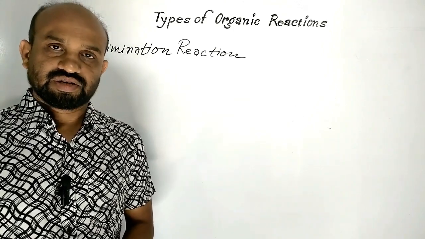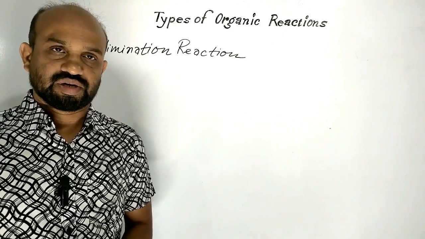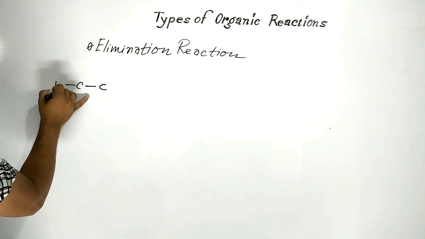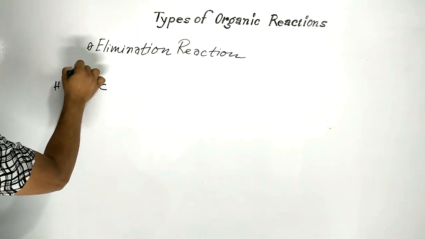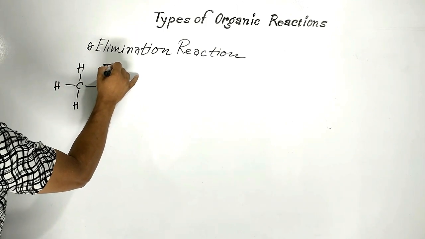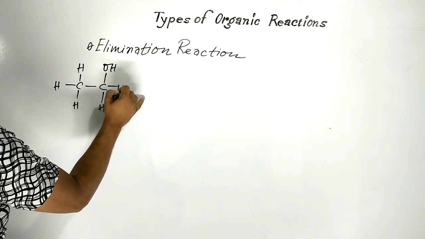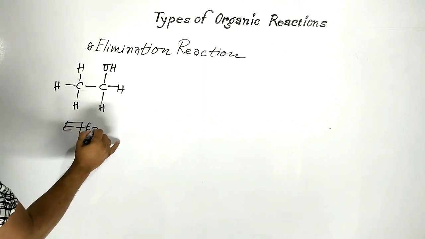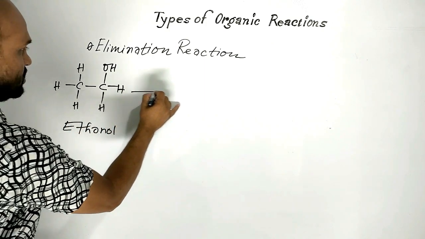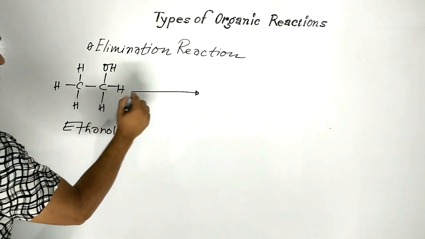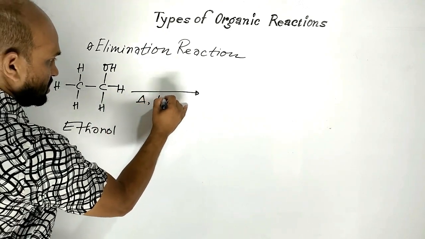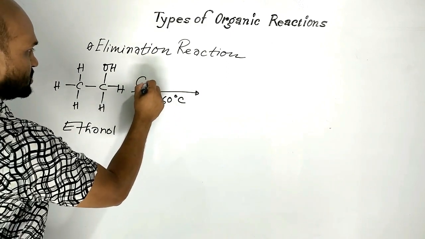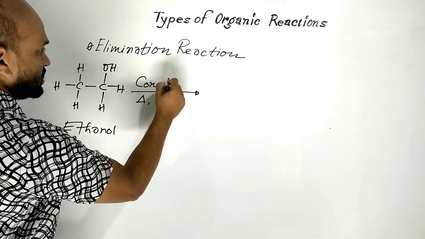Now, elimination reaction. Let us see the matter. One compound is taken, that is ethanol. This is ethanol. When ethanol is heated at 160 degrees Celsius in presence of concentrated sulfuric acid.